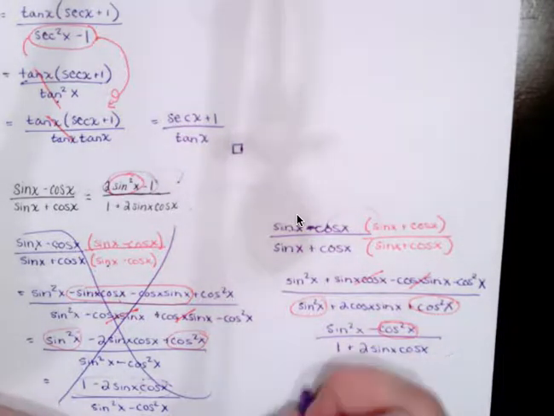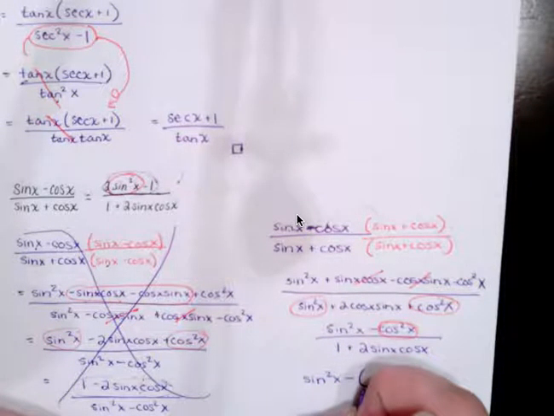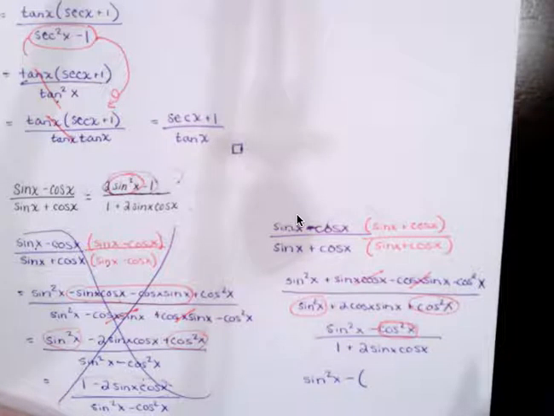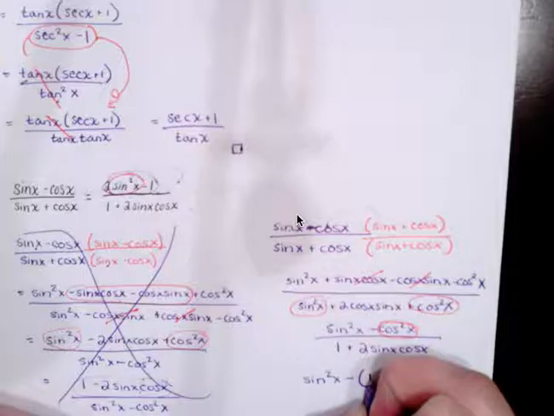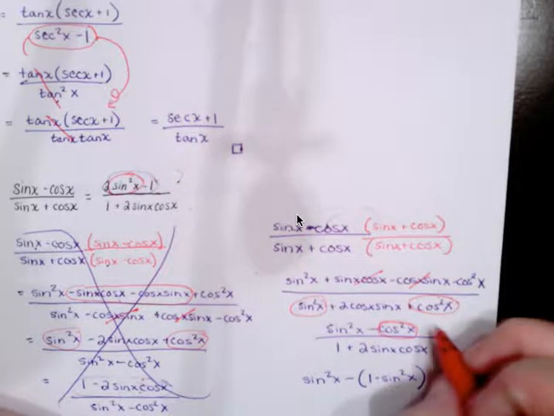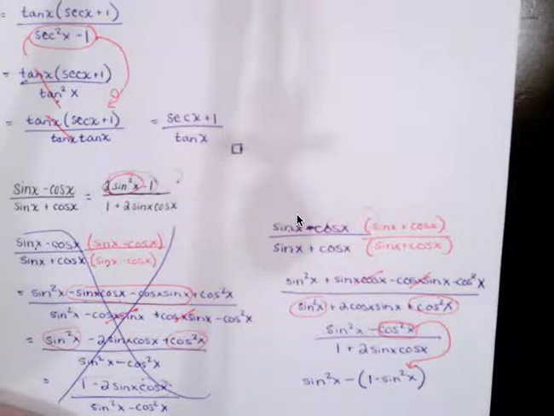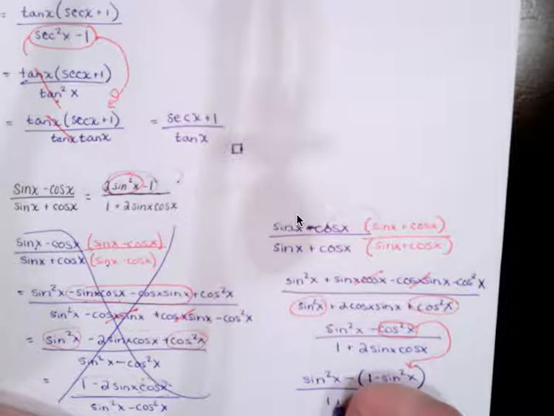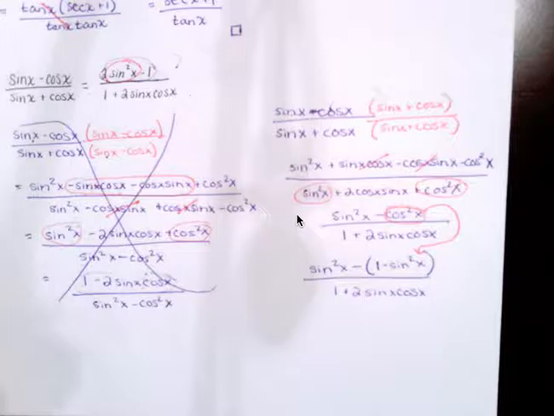So I'm going to go ahead and do that. So I get sine squared of x minus, well, remember, cosine squared x is the same as 1 minus sine squared x. So I just rewrote cosine in terms of sine using my Pythagorean identity. And then it's over the bottom, which is what we wanted. So then I can distribute this negative.